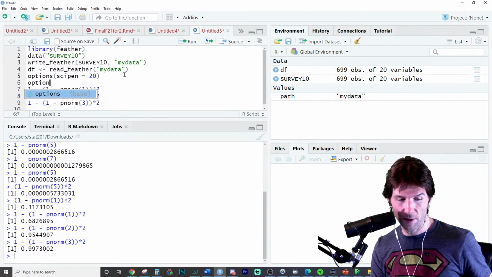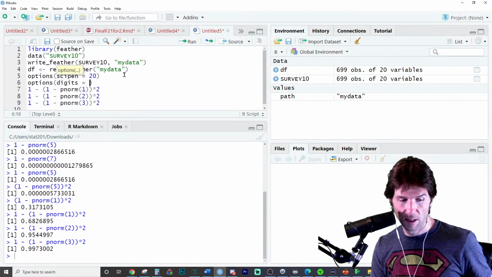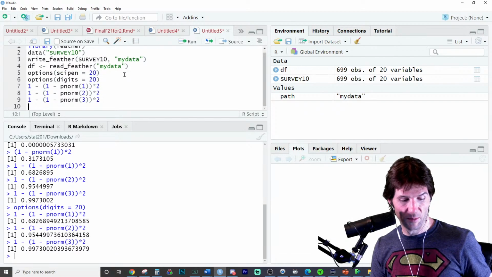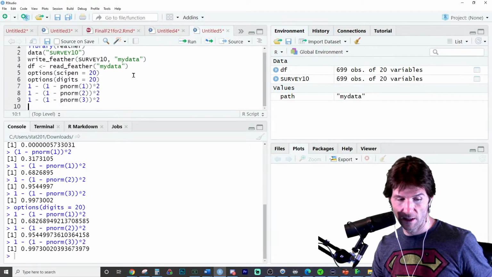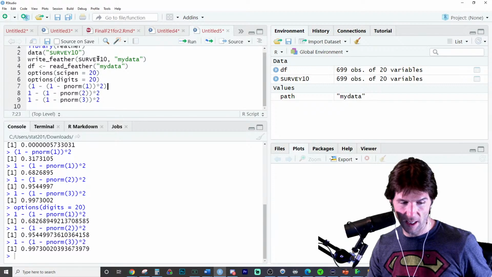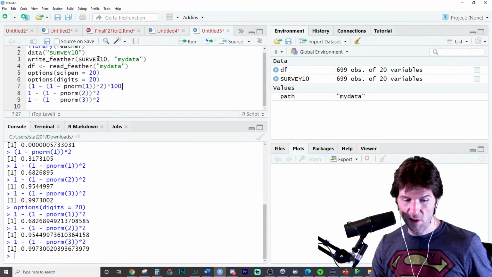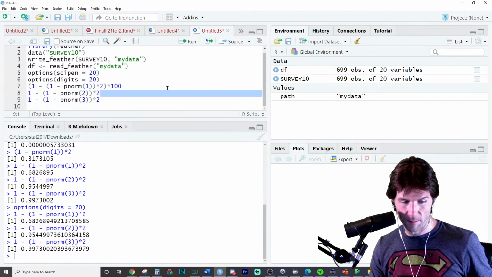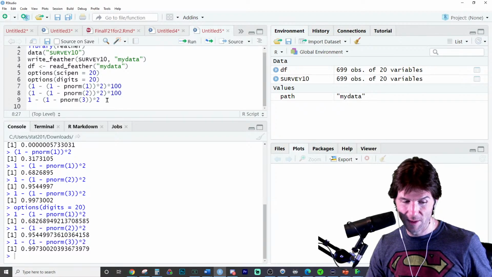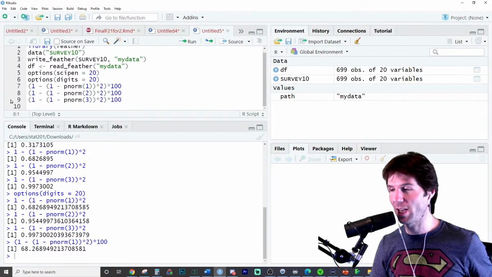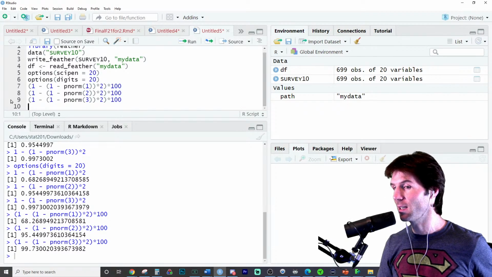I can even show it even better here. Options digits equals 20. There are so many digits to these. No one's going to take the time to say them; this is why I love coding. Don't worry, you're not meant to know how to do all this, but no one's got the time or patience to give all these decimals. That's why we round it to 68, 95, and 99.7.